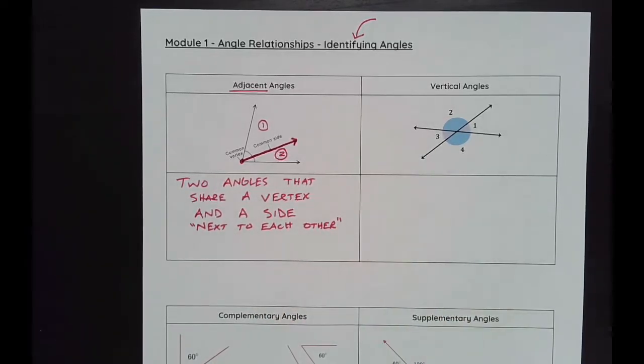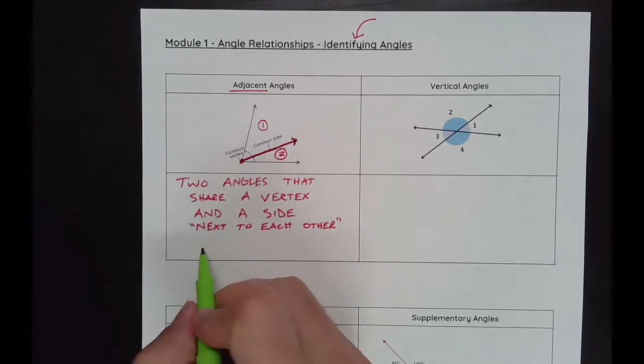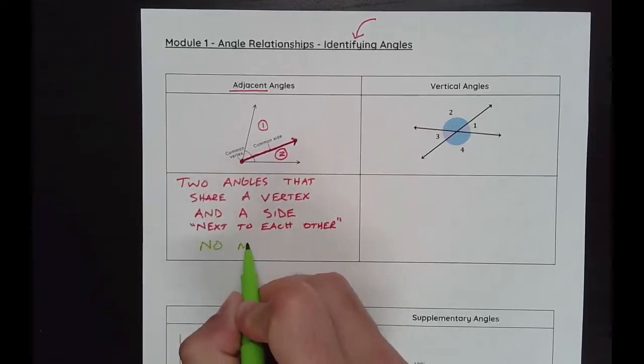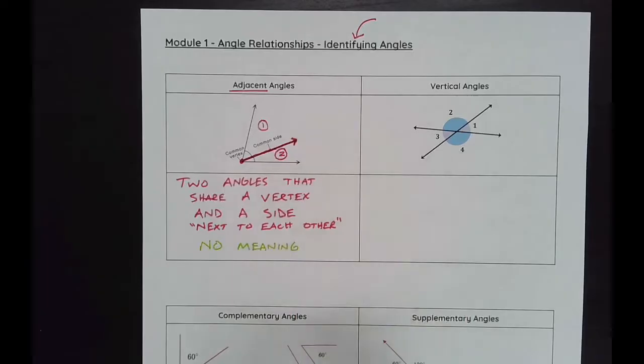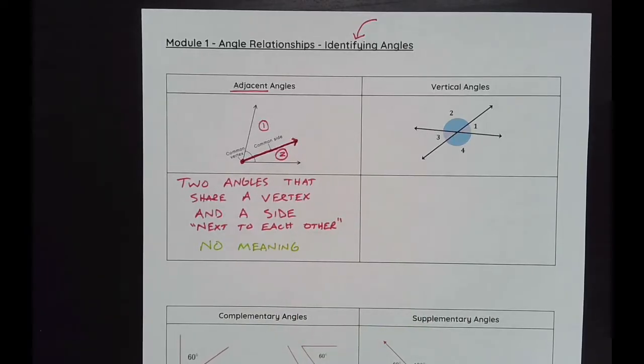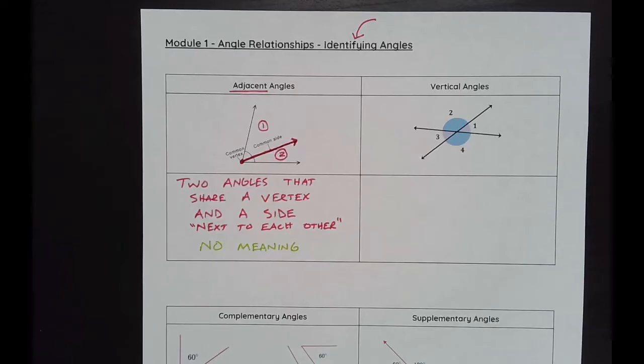As far as adjacent angles, the only important thing about them is that they're next to each other. They have no mathematical meaning, meaning there's no real significance to the fact that they're next to each other other than they are next to each other. So those are going to be considered adjacent angles.